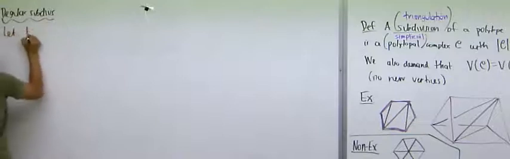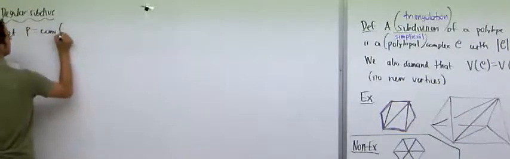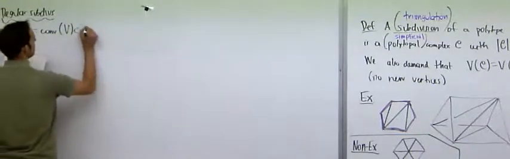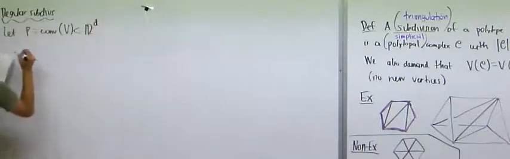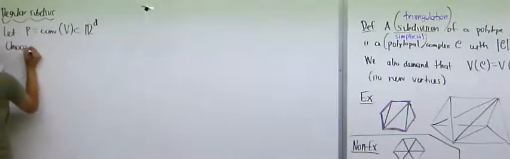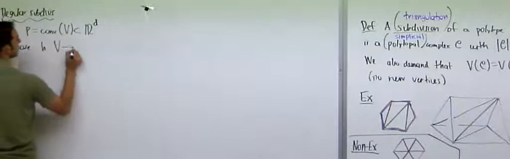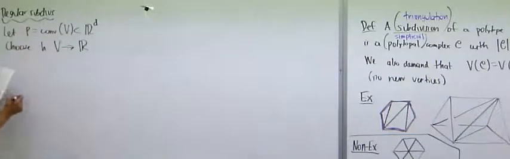I'm taking my polytope P and I write it as the convex hull of the set of vertices V. Okay? And I'm going to choose a height function for the vertices, so each vertex gets a height.